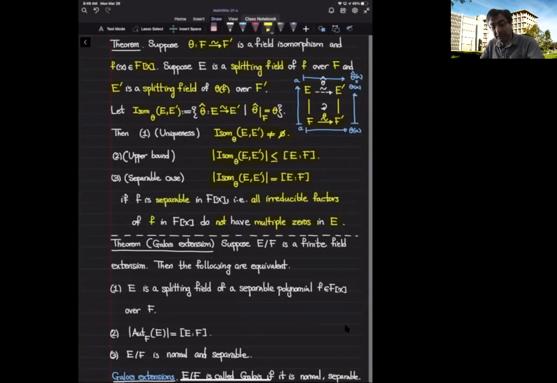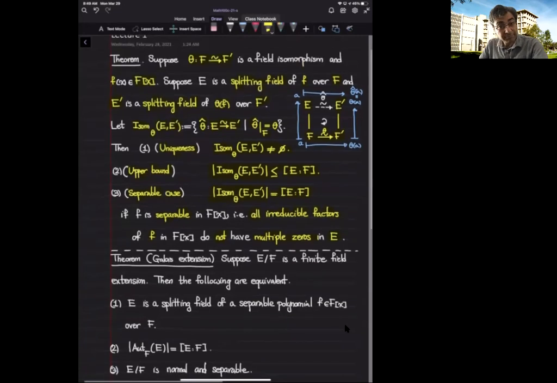So when the polynomial f is separable, the number of theta isomorphisms from E to E prime is precisely equal to the degree of this field extension. In the separable case, we have the equality. In general, we have an upper bound. Always we have uniqueness, that means that this set is non-empty.